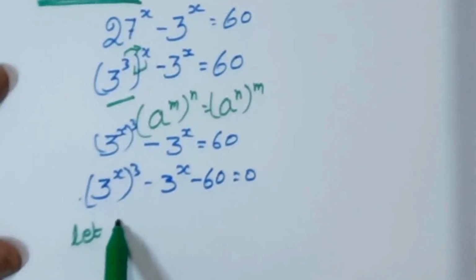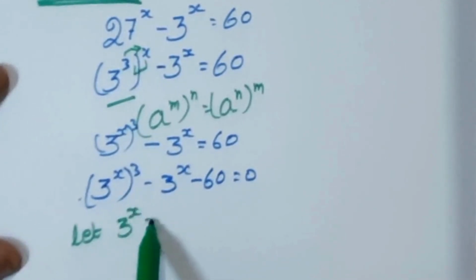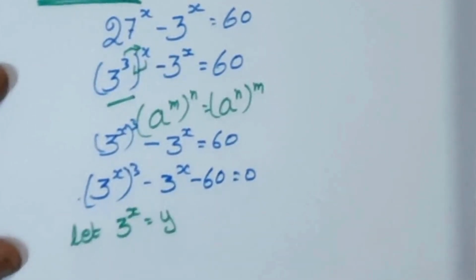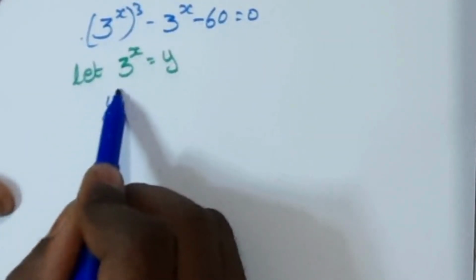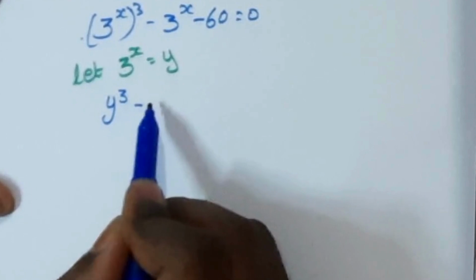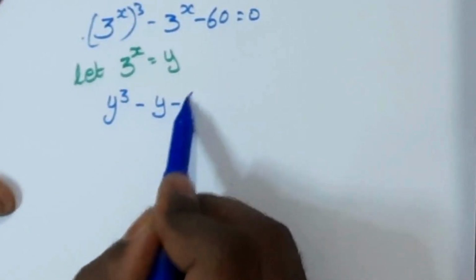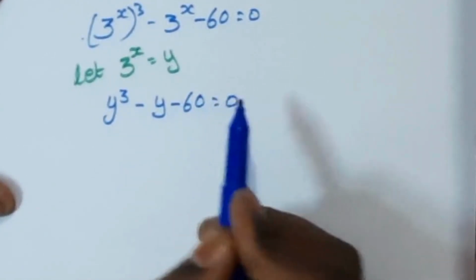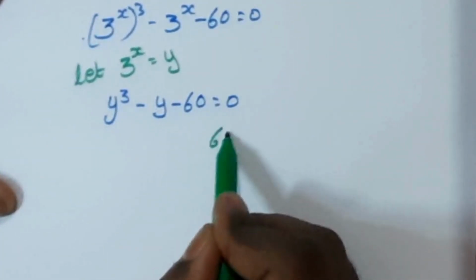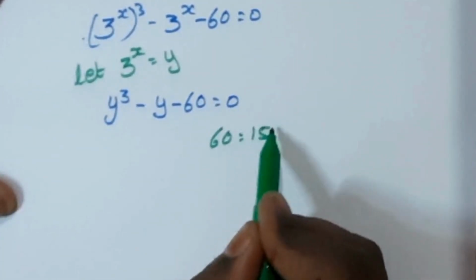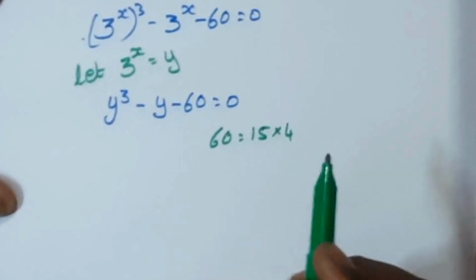Let us consider 3 to the power of x equal to y. Applying here, y cube minus y minus 60 equal to 0. Now the 60 can be written as 15 times 4.